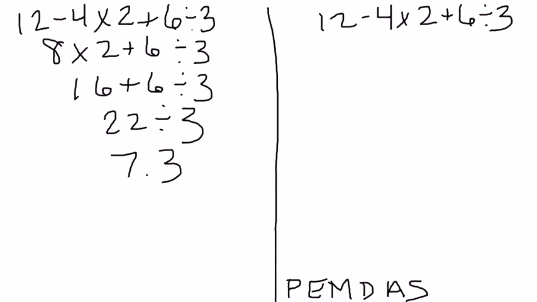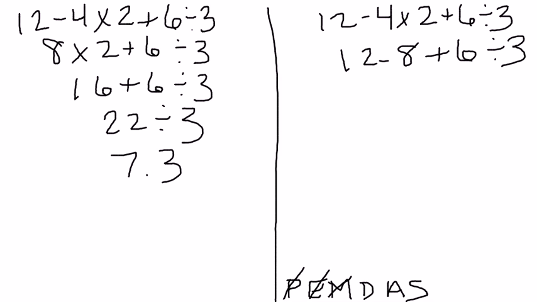We're going to move over to the other side, and we are going to follow our rule. Do we have any parentheses? No. Do we have any exponents? We do not. Multiplication? We do, and division. So we're going to work from left to right. So 4 times 2 is 8, and we're going to bring everything else down. So multiplication is done, and we do have division.